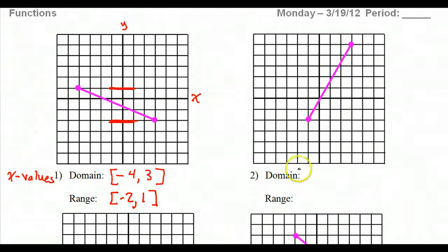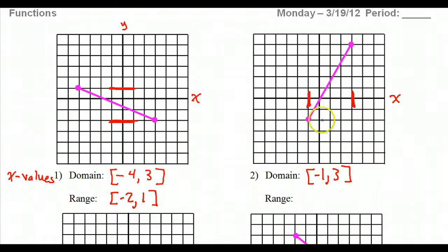Let's take a look at number 2, do the same thing. Again, the domain is x values, the range is y values. All right, so the x values. So for this graph, it goes from here to here. Those are the x values that are covered. So that's -1 to 3.